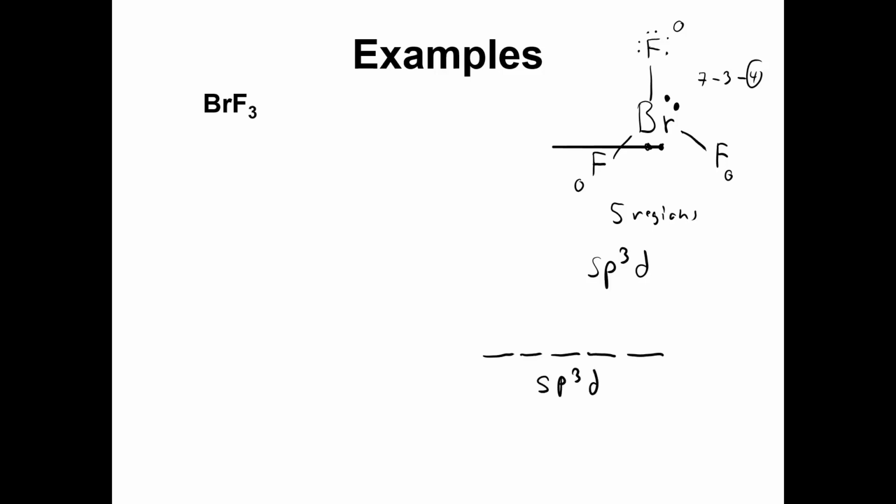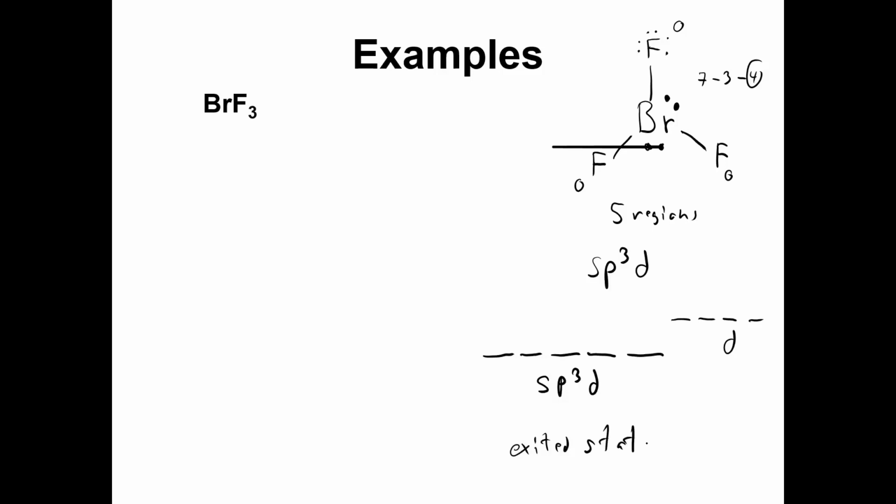So I had to borrow the empty 4d orbitals to make those bonds, and so I'm only using 1, so I need to also show the other 4 here. 1, 2, 3, and 4. I'm going to run out of space, maybe not. And so this is the excited state.